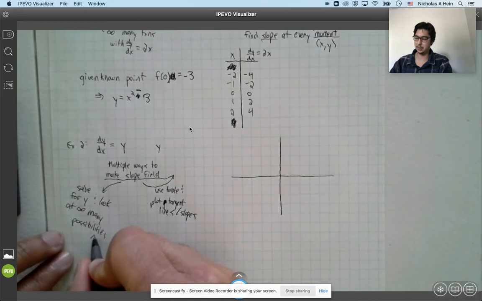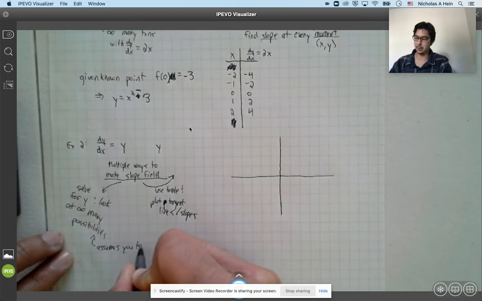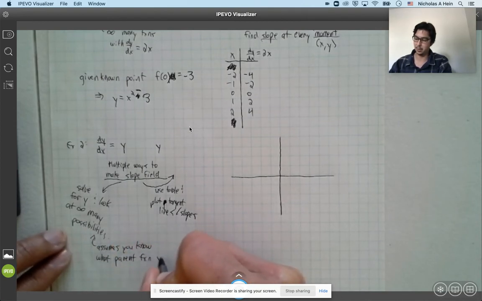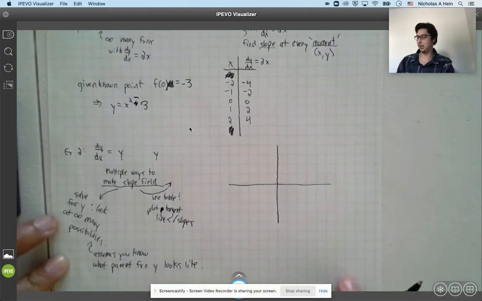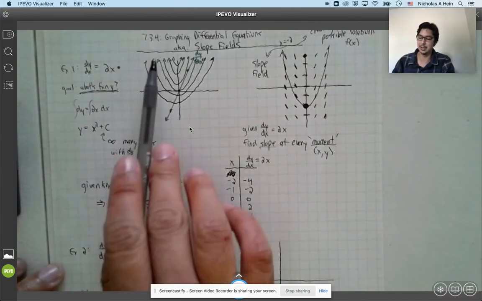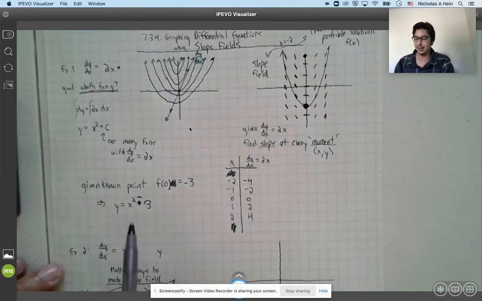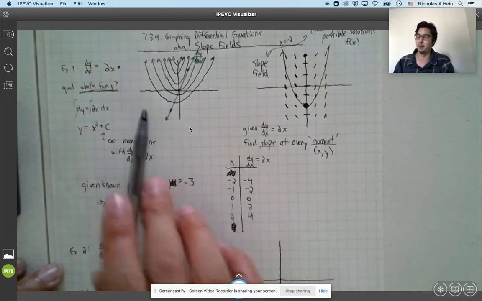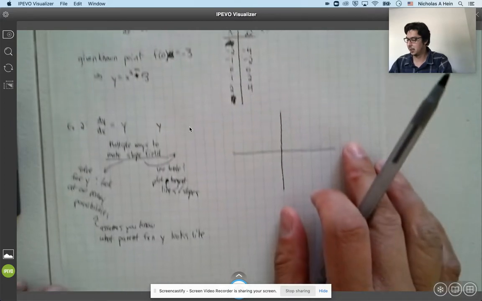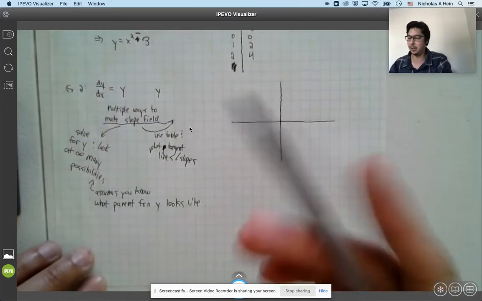Now this one assumes you know what the parent function y looks like. Like, for example, in the first one, when I did y equals x squared, I know x squared is a parabola, so that's how I knew it was x squared plus 3. If I didn't know what it was, this might be more difficult, in which case the table would be the better way to approach this.